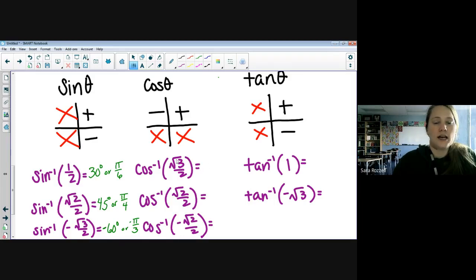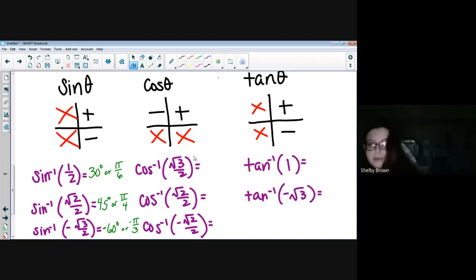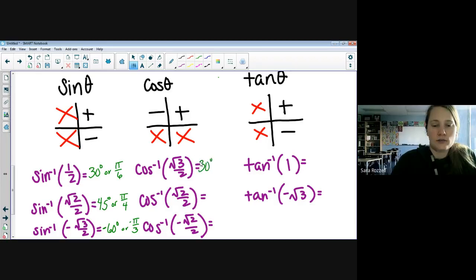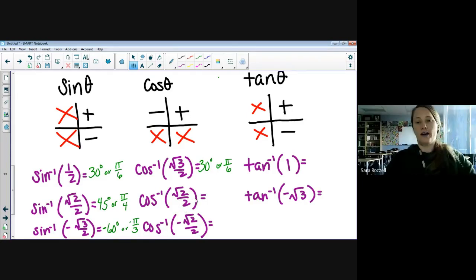All right, and cosine is root 3 over 2 at which angle measure? 30. 30 degrees, which is the same thing as pi over 6. Cosine is root 2 over 2 at 45. 45. That's the same as pi over 4.